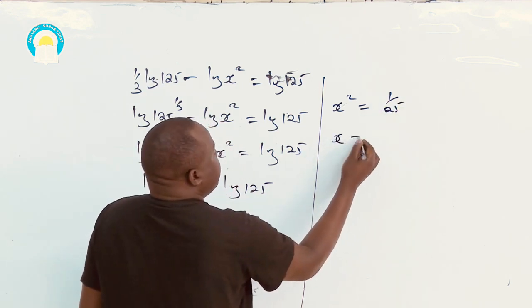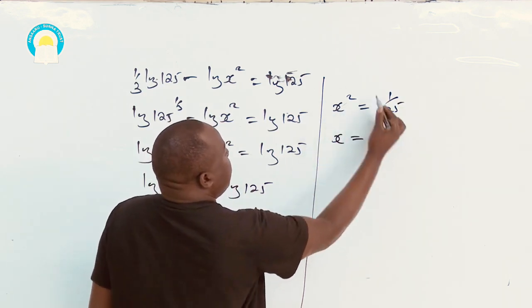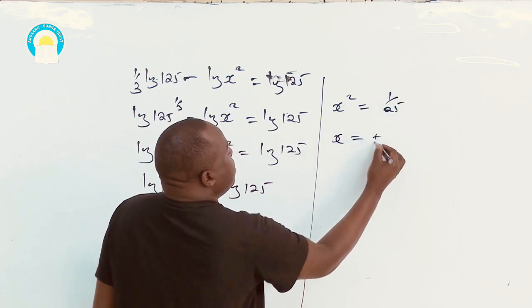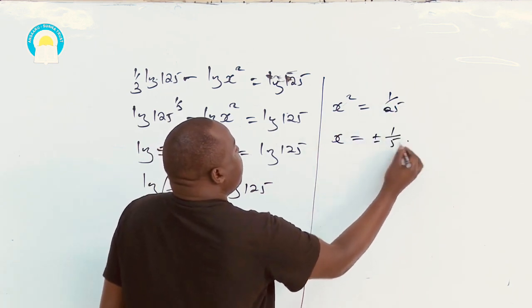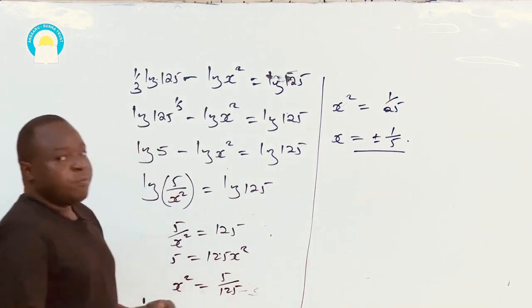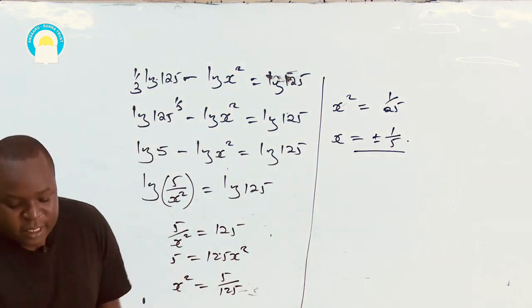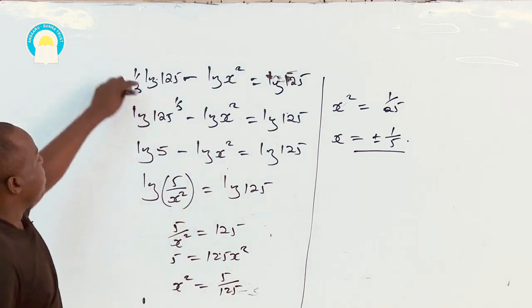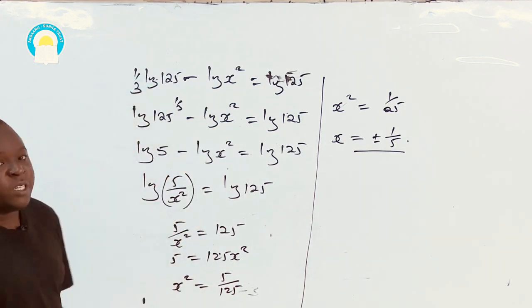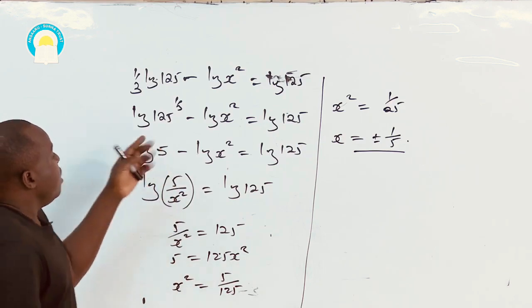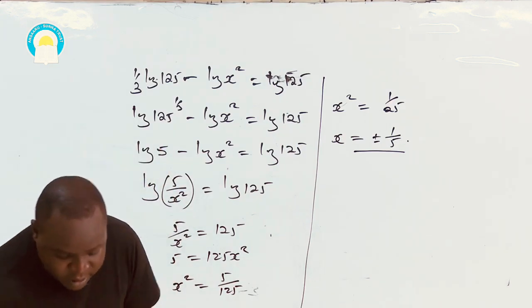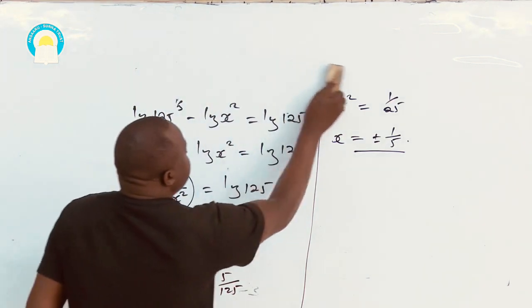Then the value of x for this question will be, taking the square root on both sides, plus or minus 1 over 5. Okay, next example. The new thing I brought in is that for this question there was a coefficient, unlike the first one. So, consider the third example.